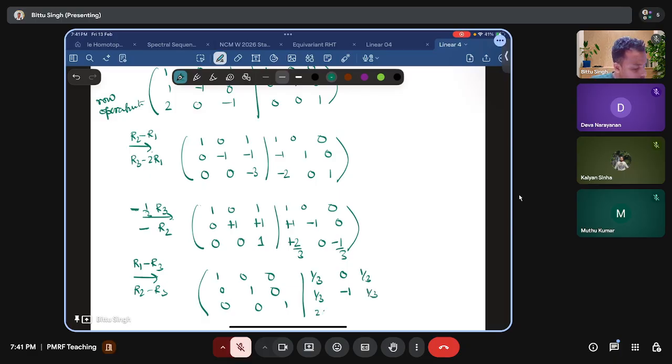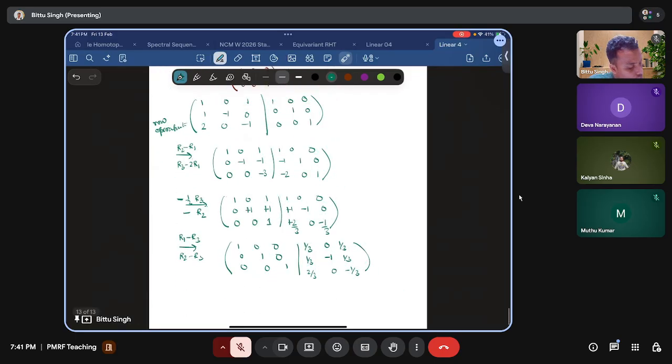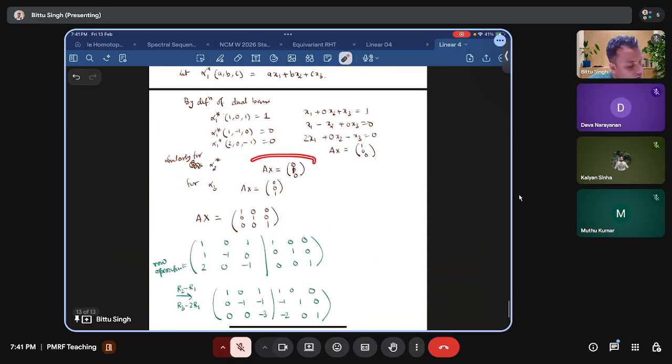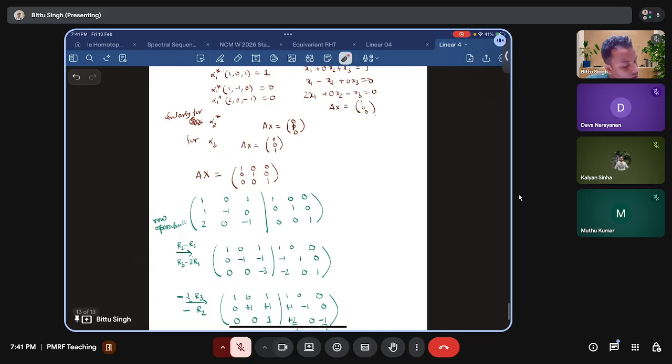So the last row remains fixed. So this should be the answer. So those will be the solutions, right? This will give me the solution of the first equation, sorry, Ax equal to (1, 0, 0). The second column gives me the solution of the second equation, and similarly the third.